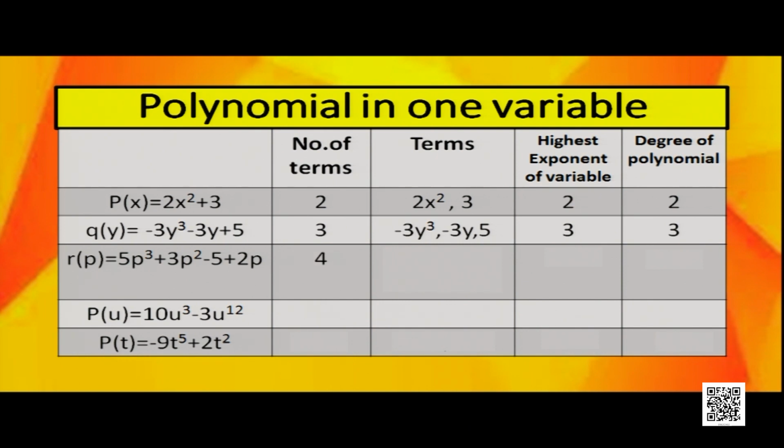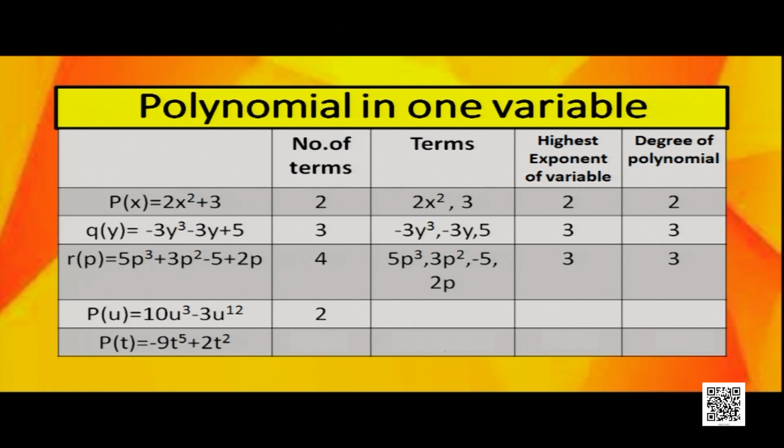What are they? 5p raised to the power 3, 3p square, minus 5, and 2p. And what is the highest exponent of the variable p? Here p to the power 3, so 3 is the highest exponent. And so the degree of this polynomial is 3. Now let's consider the next one, that is p(u).